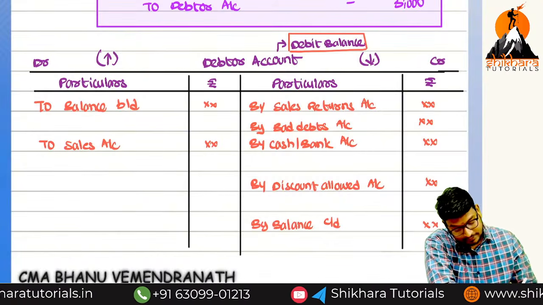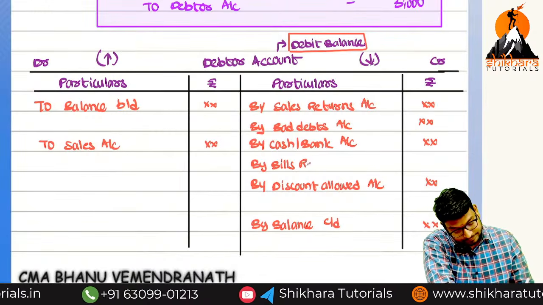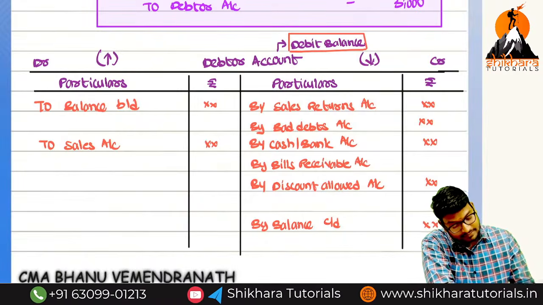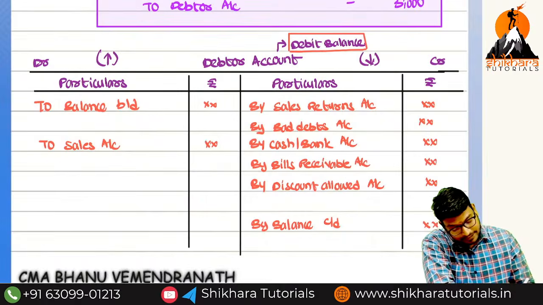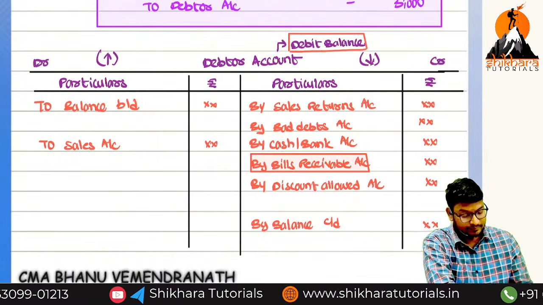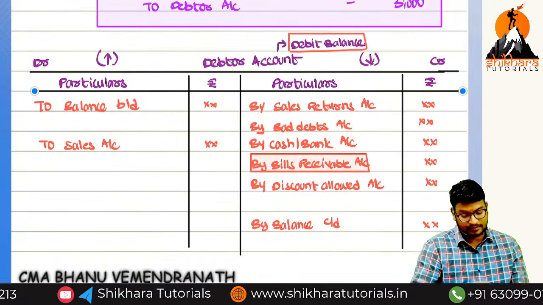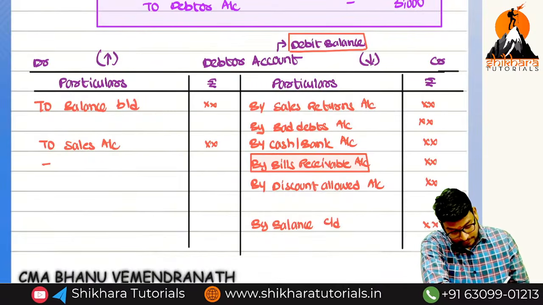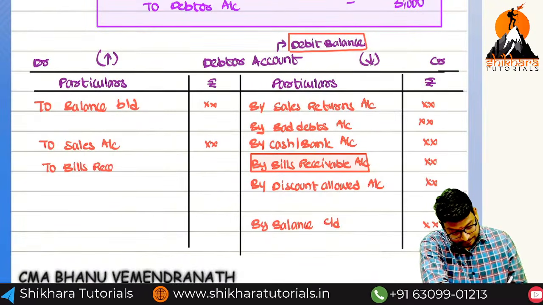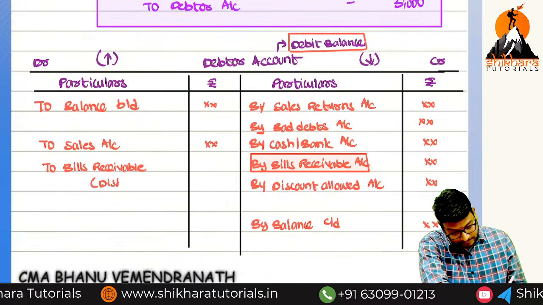And again, we can write by bills receivable. So by bills receivable, this point you will understand in bills of exchange concept. This point you can understand in which chapter? Bills of exchange concept. And here also we are going to get two bills receivable in the case of dishonor.